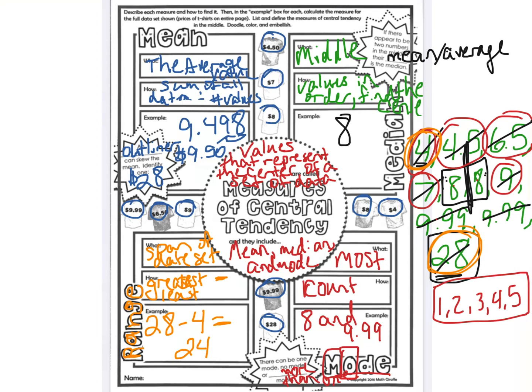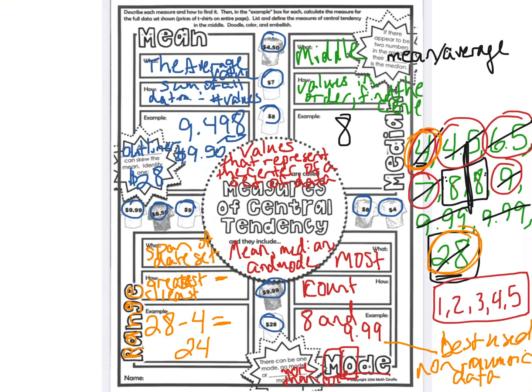Okay. One other thing to note, and I forgot to mention this over here, mode is best used when you have non-numeric data. So if you're talking about favorite ice cream flavors, probably mode would be a great way to talk about the measure of central tendency because you can say, oh, most people picked chocolate as their favorite flavor of ice cream.